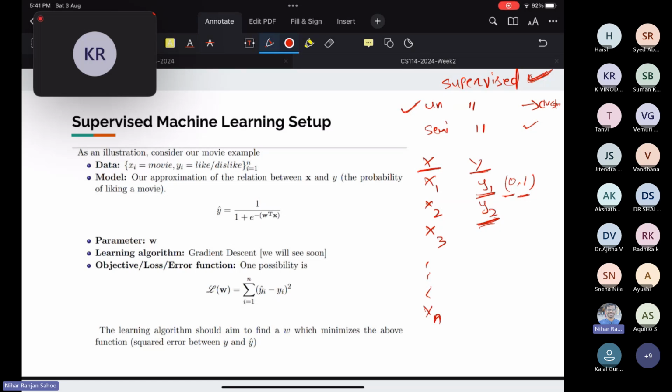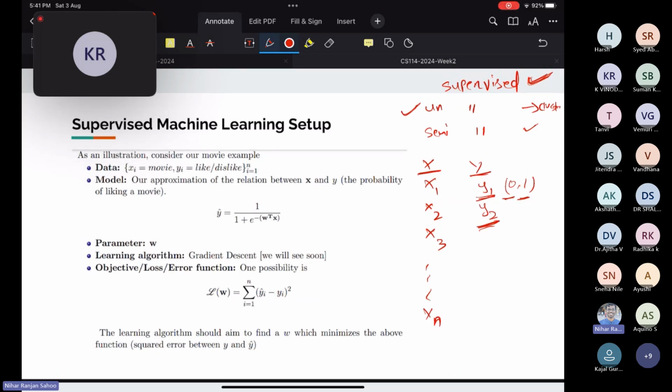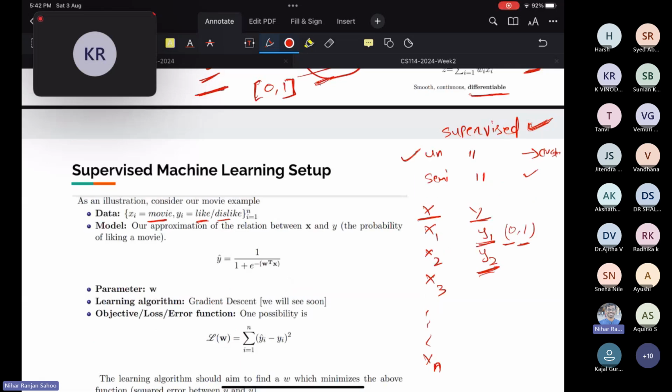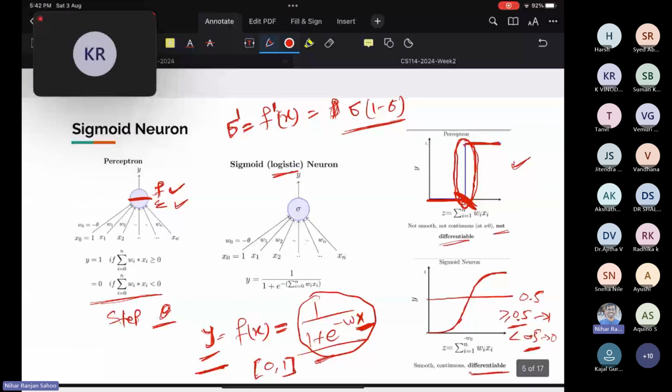The example given in the lecture series is sentiment classification on movie data. Given a movie, the output will be whether you like the movie or dislike it, so it is a binary class problem. If you think carefully, we can use this sigma function when the nature of the task is binary.